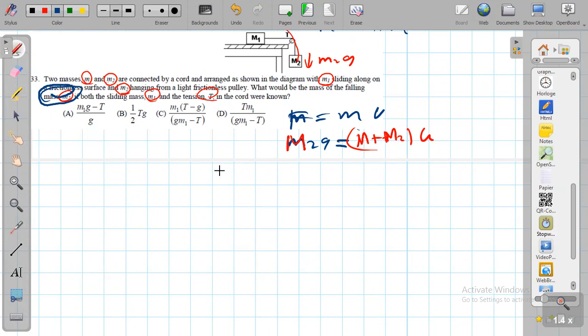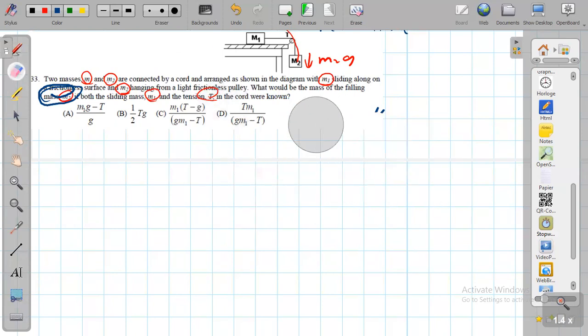So M2 equals M1 plus M2A over G, right? Here, we can't go along this one because here the mass, we don't know. So technically I have to go back to here.